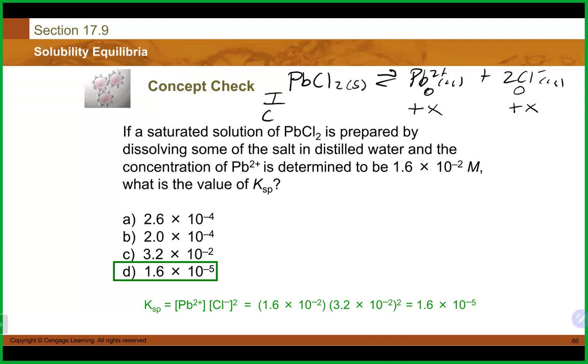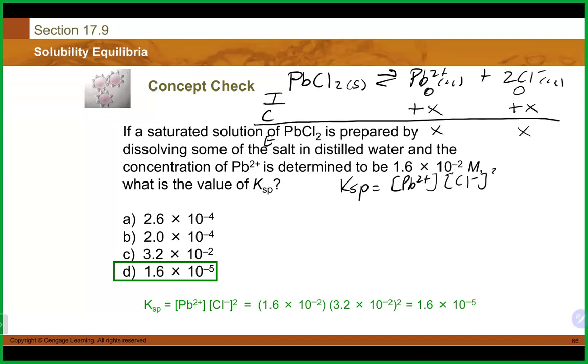They'll actually use a different letter, but we'll use X here. It doesn't really matter. At equilibrium, we basically have X and X. If we take our KSP, it is the concentration of lead, and it is the concentration of chloride, which needs to be squared.